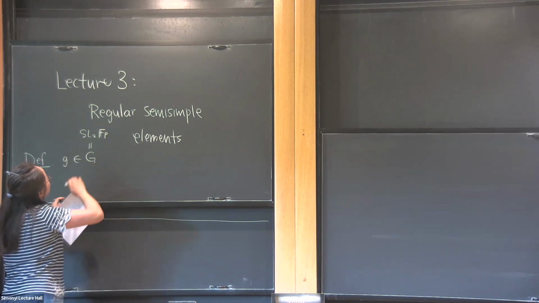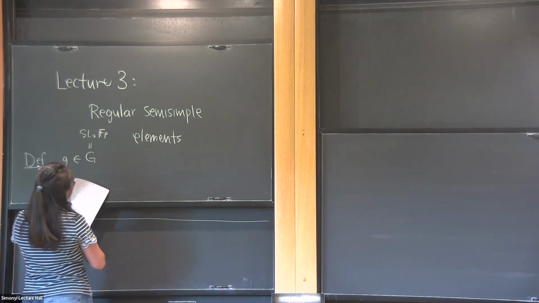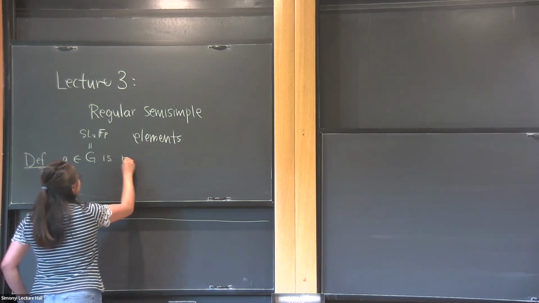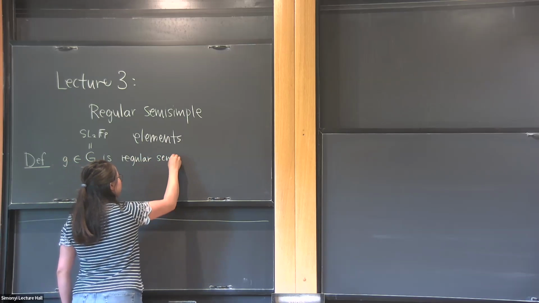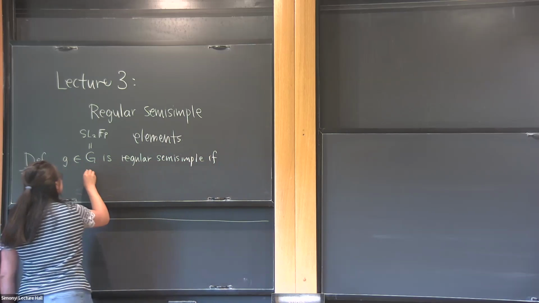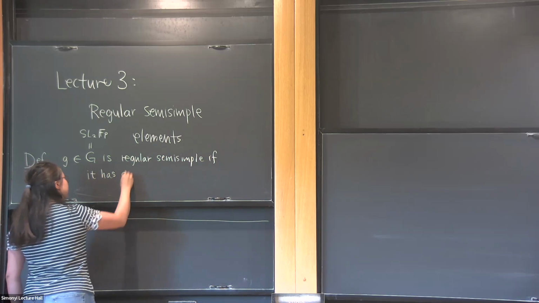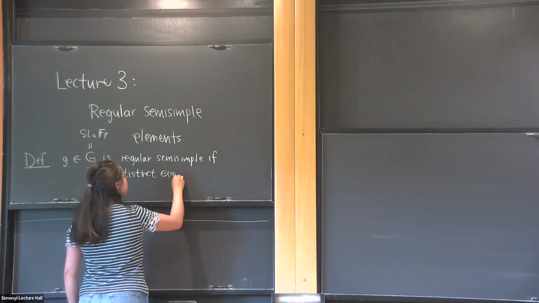Maybe at the end G will change. So G, for G = SL2(Fp), as usual, is regular semisimple if it has distinct eigenvalues.